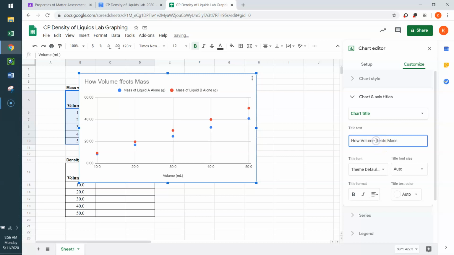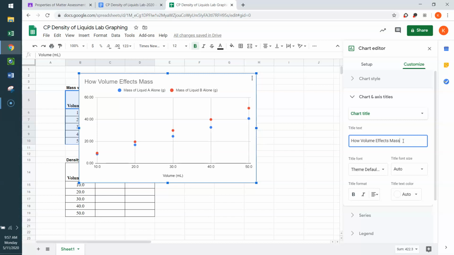Whoops, I forgot that E. So it helps if we spell correctly. I'm really not awesome at it either. So here we go. How volume affects mass. Could be one title you put in there. The title should just represent what it is we are looking at. It shouldn't be generic, and don't leave a title that typically pops up.